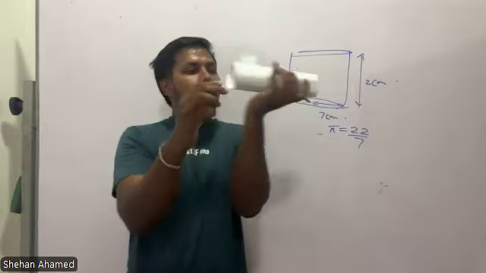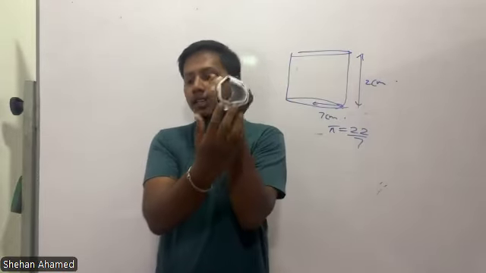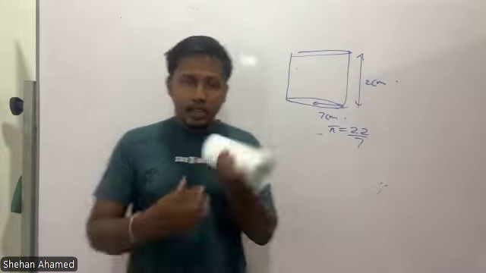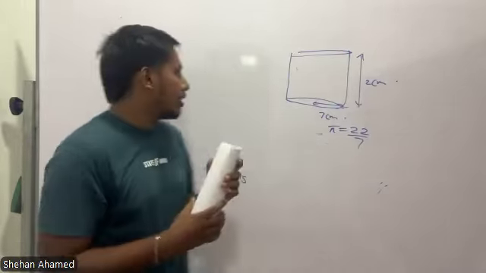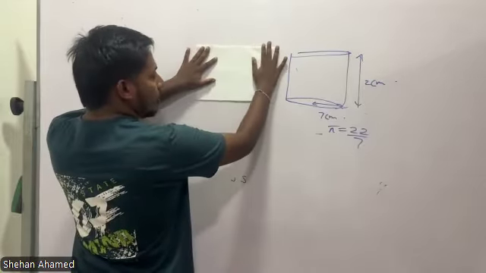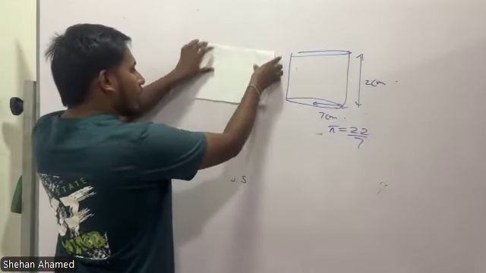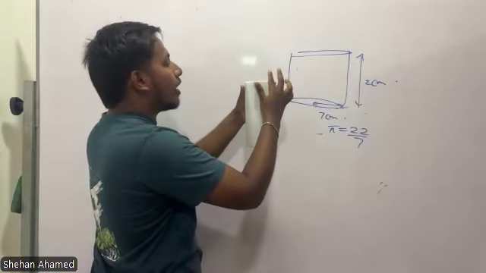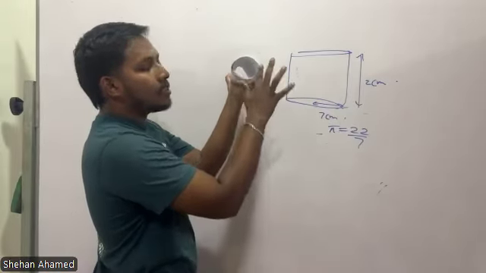Now this side is also a circle. If both of these sides are circles, this is the curved surface, which is a rectangle. If I again curve this, it is a circle.